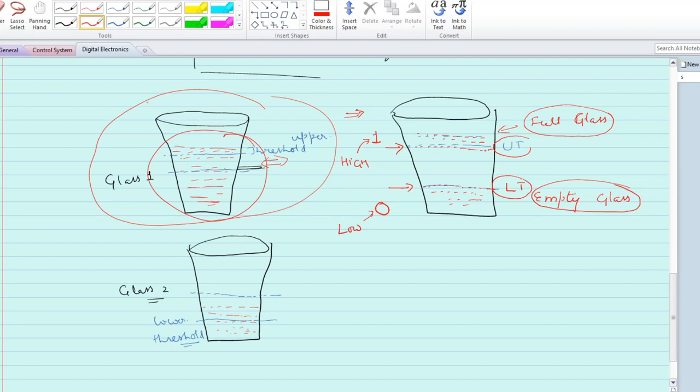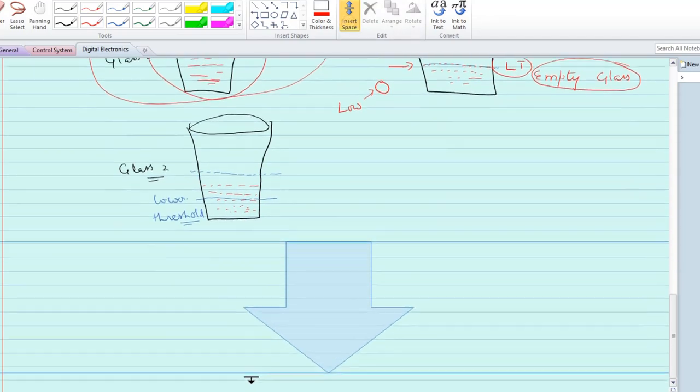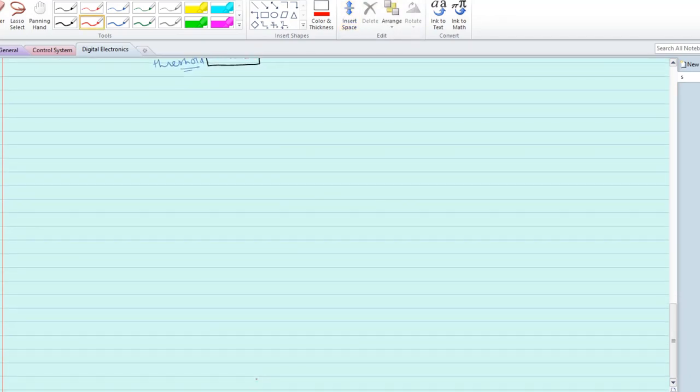Okay, so in this way we have to convert this system from analog to digital system.